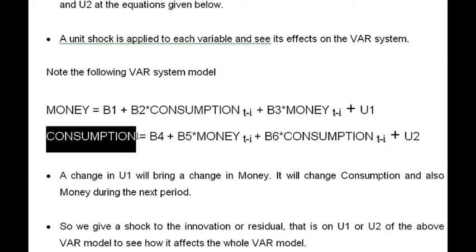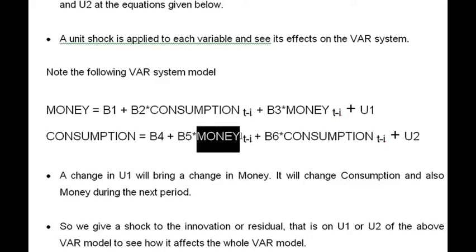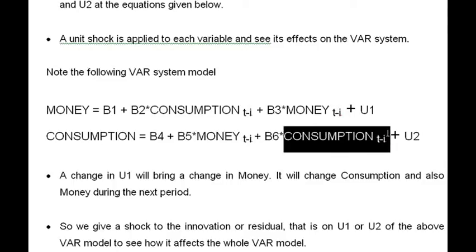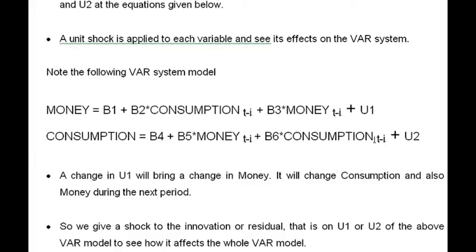Consumption is the other endogenous variable, and money is an independent variable with t minus i lag period, and consumption is another independent variable with t minus i lag period.